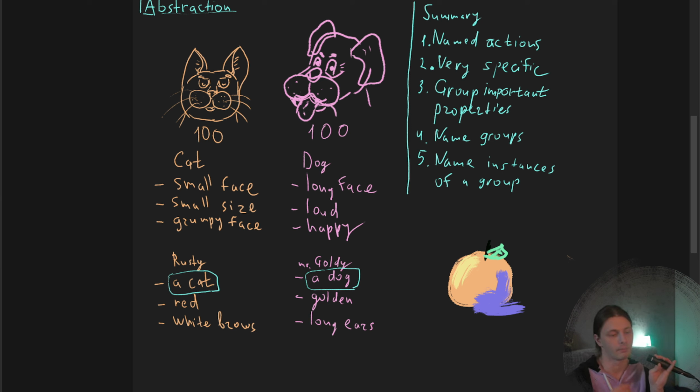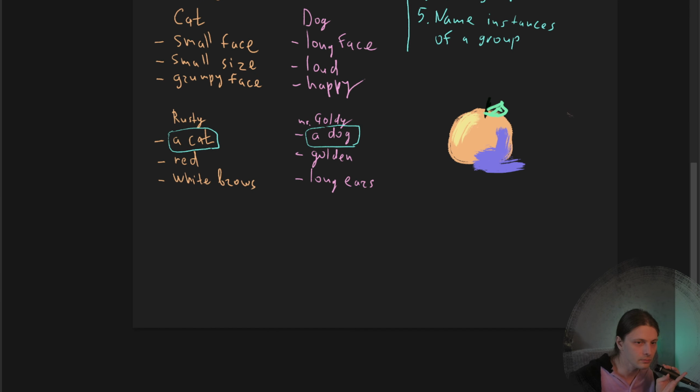I said balance because we rarely use completely abstract or completely specific concepts in real life. Usually we operate somewhere between those extremes, on the spectrum from specific to abstract.